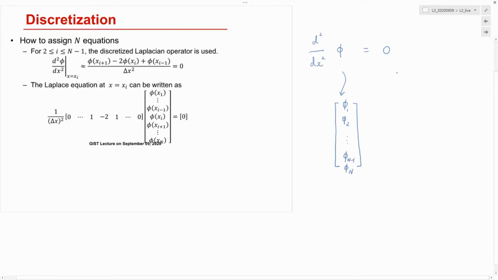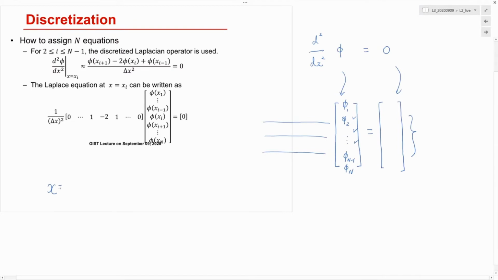So this right hand side 0 is also cast into a vector form. Here vector means that this one line, another line, or one row, another row, or different row, they correspond to the Laplace equation evaluated at that point. So let me repeat again.